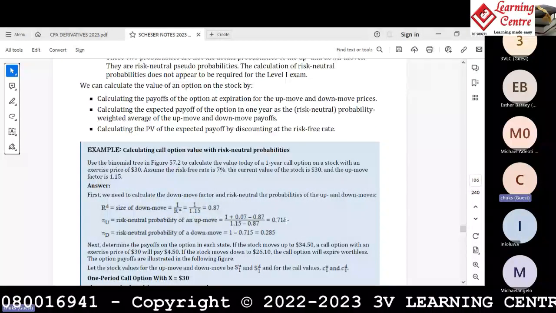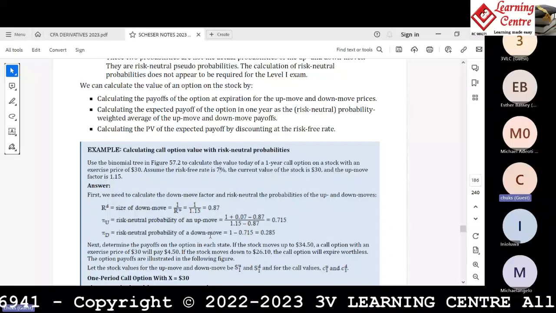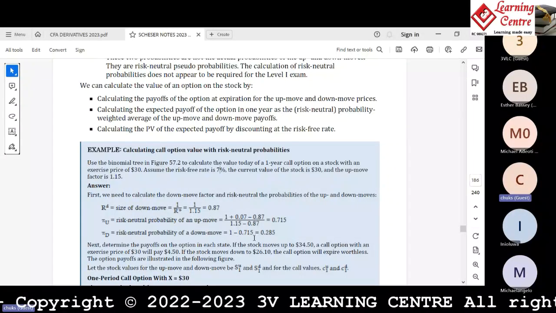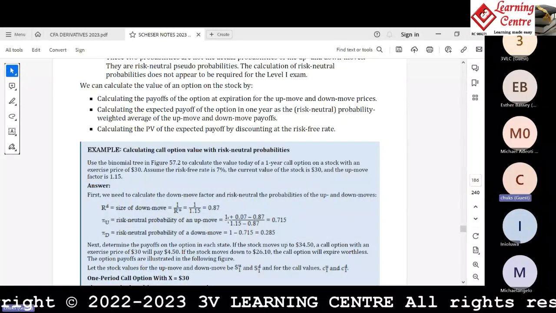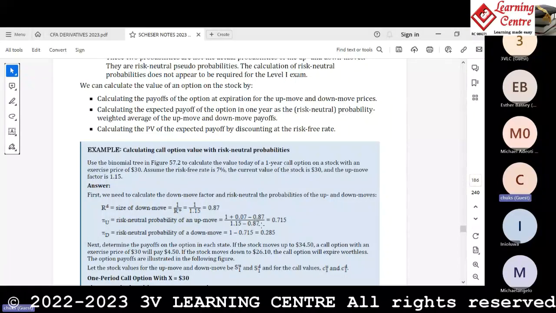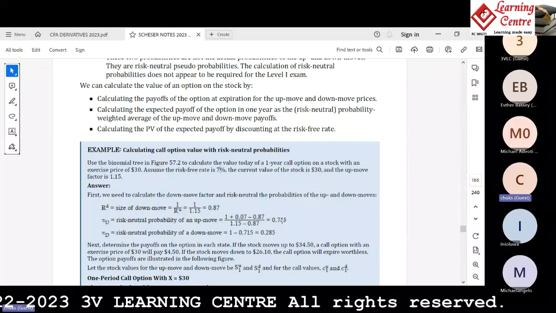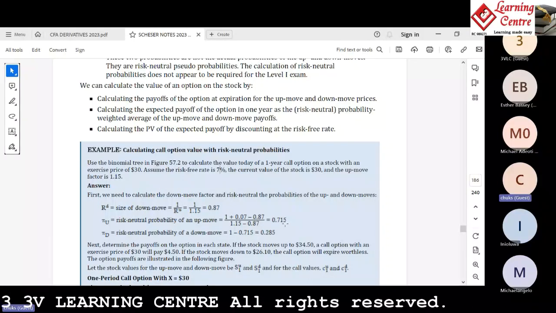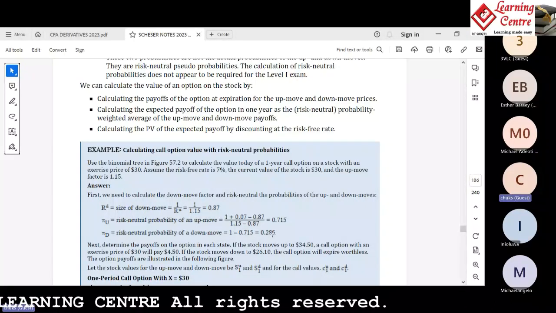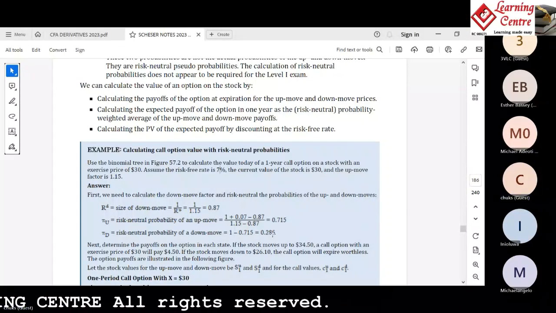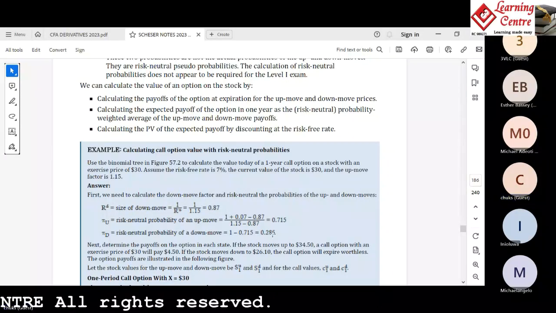The balance is 1 minus this. So the risk neutral probability of an upside is 71.5%, and the probability of a downside is 29%. That makes up the 100%.